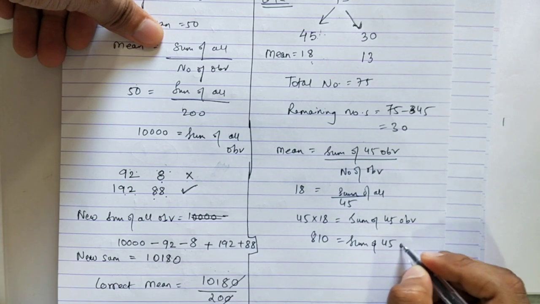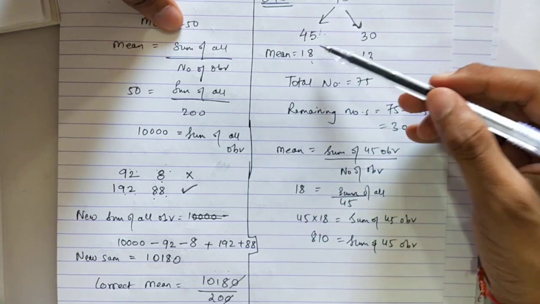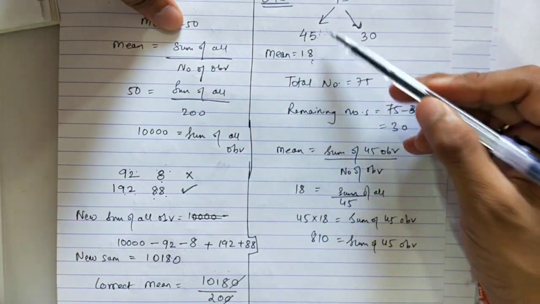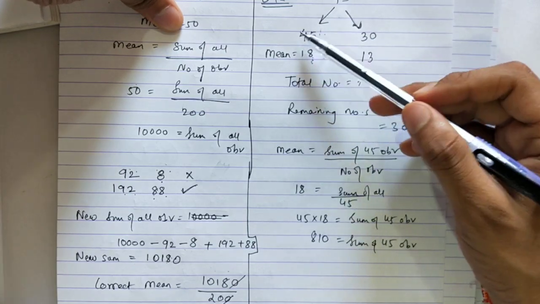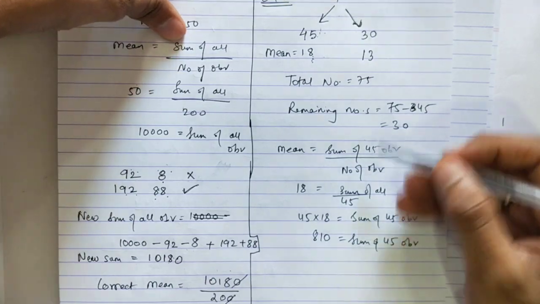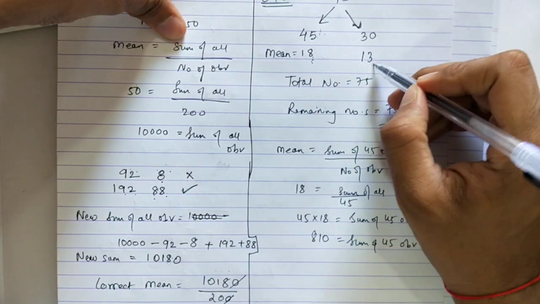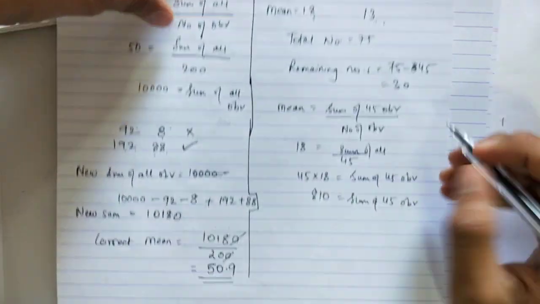We got the sum of 45 observations. What we did, we multiplied 45 into 18, so we get the total. Always when you multiply mean with the number of observations, you get the total, but we have to write these steps, they are important. Now I'll do the same thing here also. Mean is 13 and there are 30 observations, so the total will be 13 into 30.